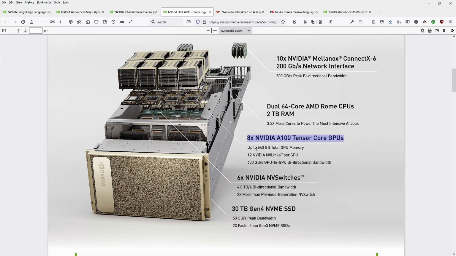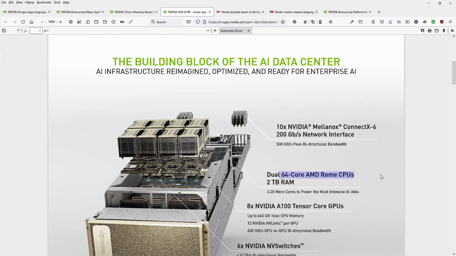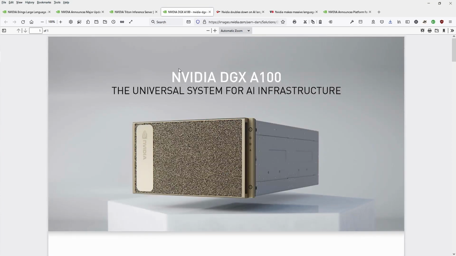So in total, we have 8 times 80, 640 gigabytes of total GPU memory. We have the switches, we have a Gen 4 NVMe SSD, and of course, we have a 64-core AMD CPU integrated in this little package. And this little package is a new building block of the AI data center, NVIDIA DGX A100, the universal system for infrastructure.